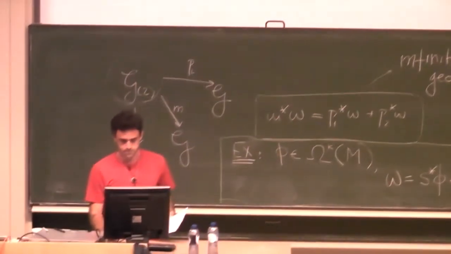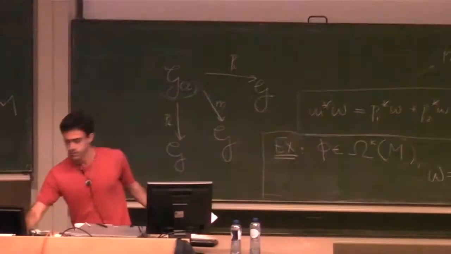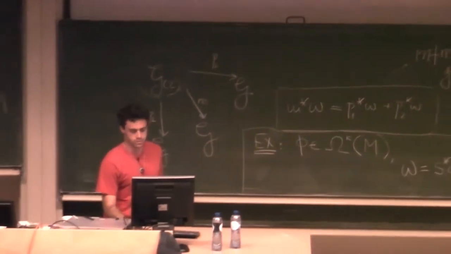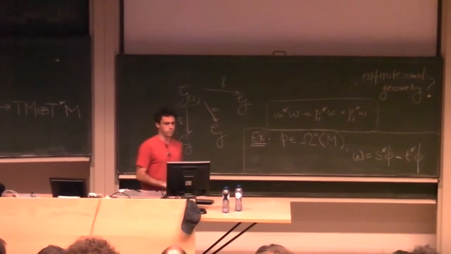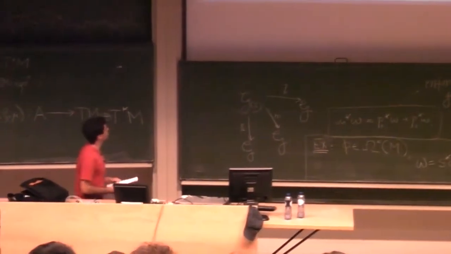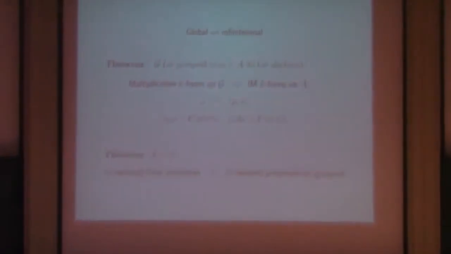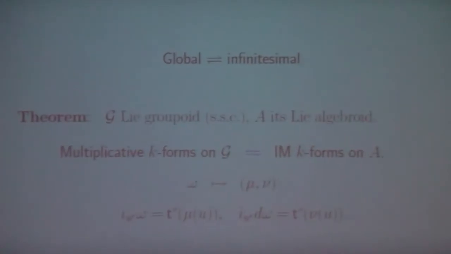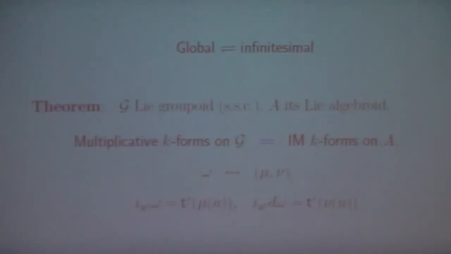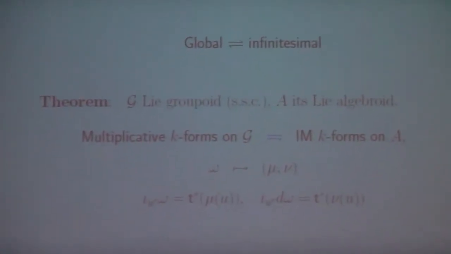So in this context, you can specialize this global infinitesimal theorem to the case k equals 2. This was first proven in a paper that I wrote with Marius Crainic, Chenchang Zhu, and Alan Weinstein, which is a correspondence between phi-twisted Dirac structures and objects that we called phi-twisted presymplectic groupoids.